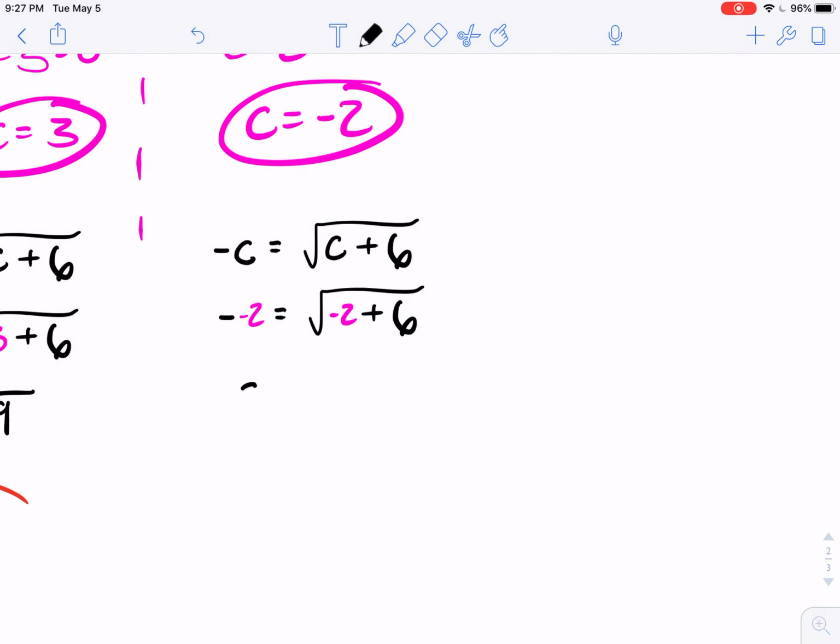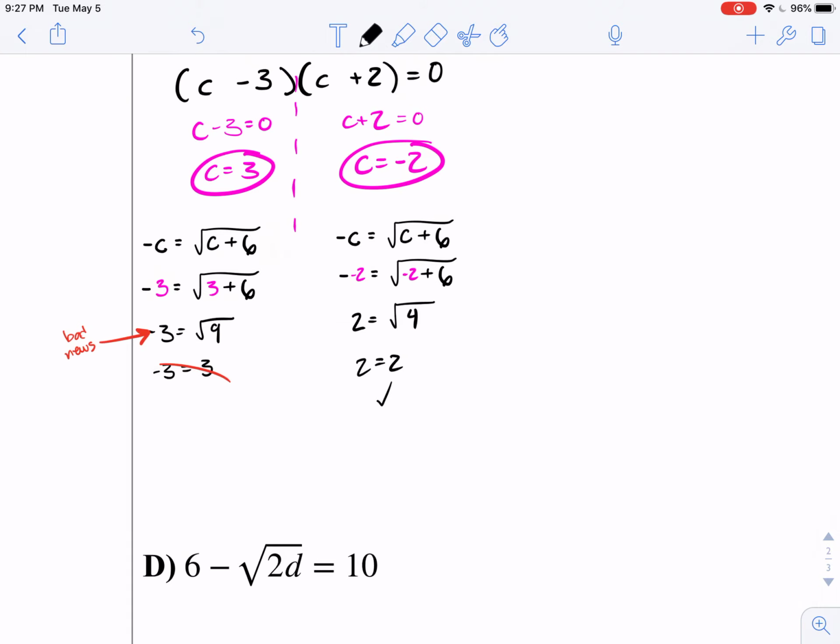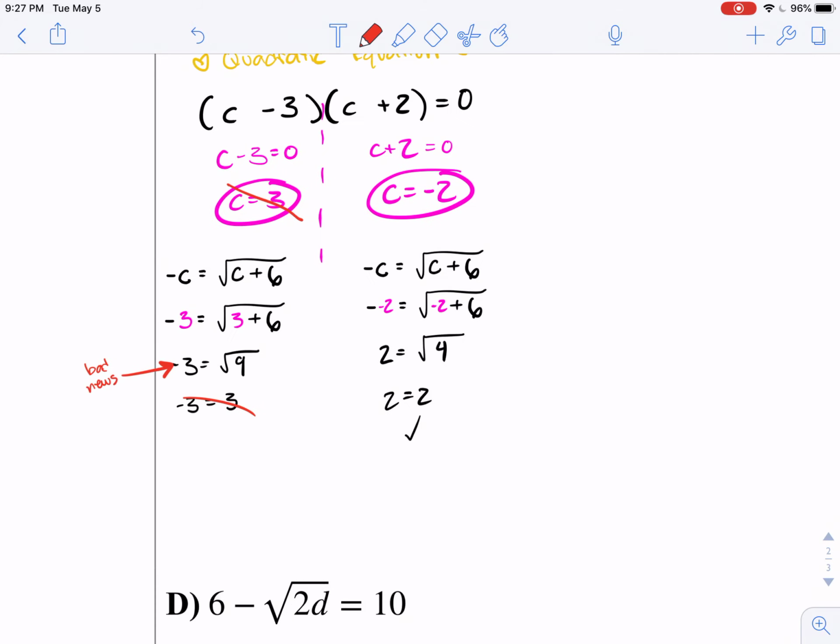This gives us a positive 2 equals the square root of 4. Sweetums, we like this positive. So 2 equals 2? Well, yes. Cool. So we're only going to go with c equals negative 2. And we're not going to include c equals 3 because that is an extraneous solution.